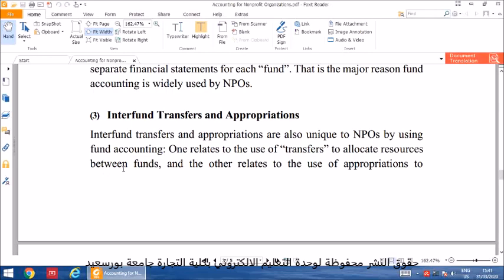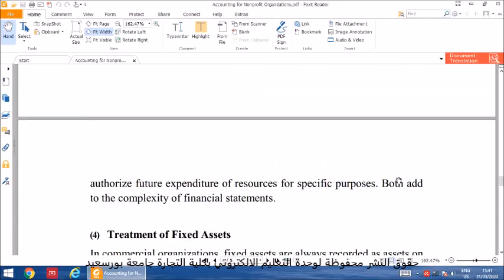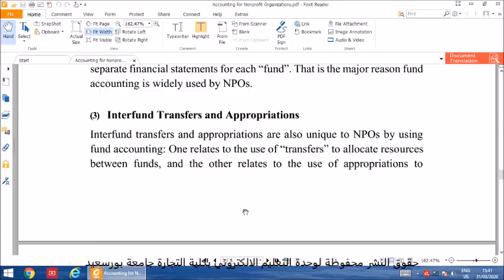One relates to the use of transfers to allocate resources between funds, among funds. And the other relates to the use of appropriations to authorize future expenditure of resources for a specific purpose. Both add to the complexity of financial statements.